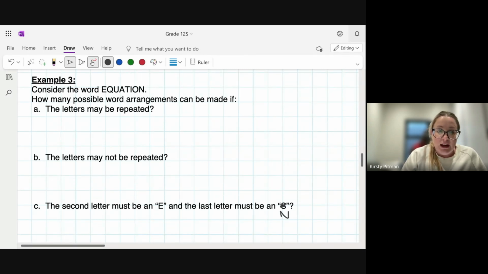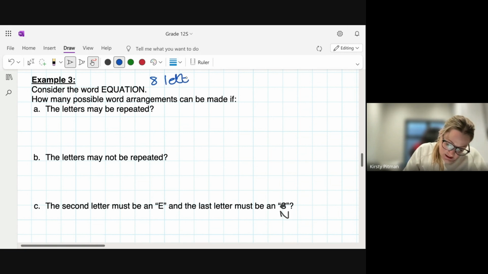So I have the word equation. I may repeat the letters. If I'm looking at the word equation, how many letters are in the word equation? Well, if I count them up, it gives me 8. There's 8 letters altogether. Now, fortunately for you, you've got these beautiful calculators.